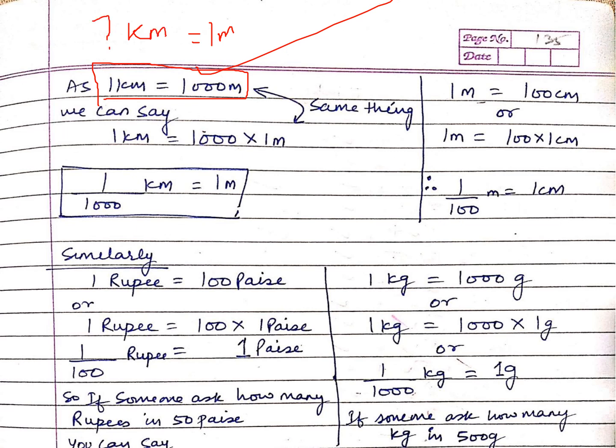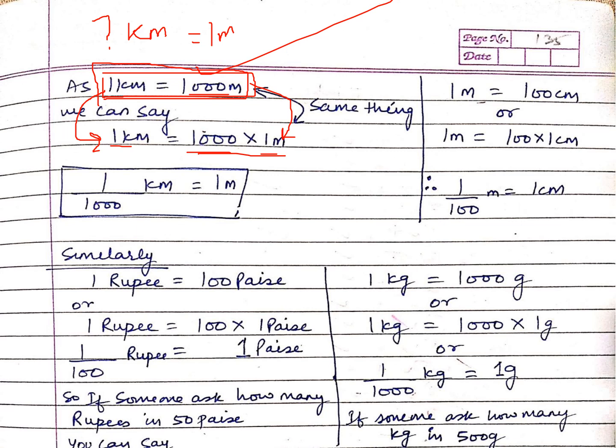Just make this statement more detailed. I can write this as 1 km is equal to 1000 into 1 meter. Any issue? They are both the same thing. Either I say 1000 meters or 1000 into 1 meter. Is it different? No. If I add 1000 times 1 meter, I will get 1000 meters only.